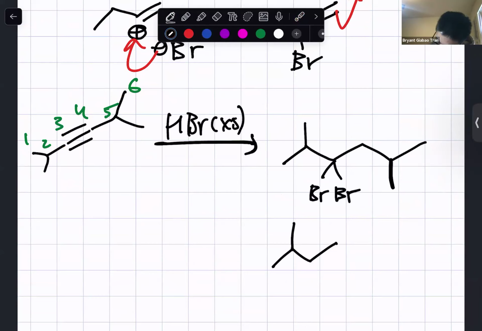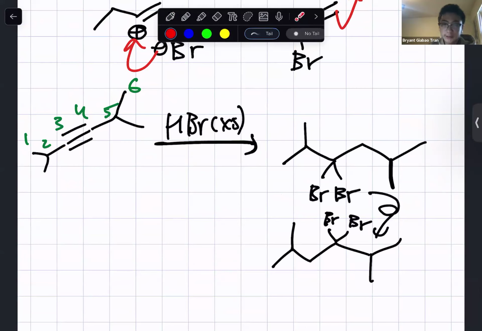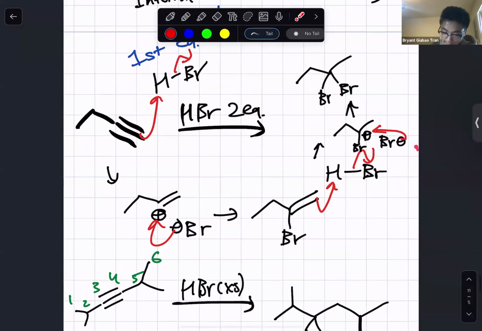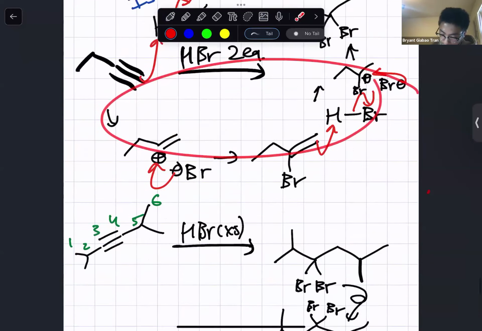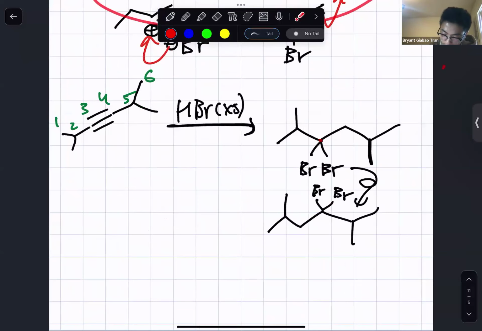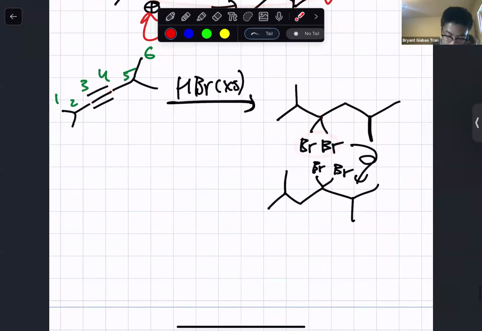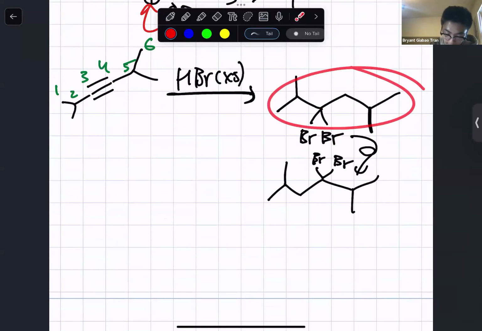If you try drawing this product right here, where the Br attaches to the other side, that's the exact same thing as that. It's just flipped or rotated. It goes through the same exact mechanism as this right here, where we know that the product forms a geminal dihalide on one of the carbons of the alkyne. But since this is both equally substituted and they're symmetrical, it only gives us one product.